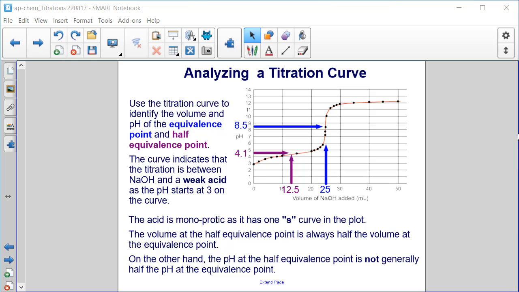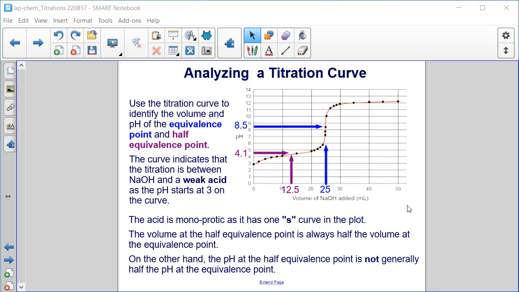The volume at the half equivalence point is always half the volume at the equivalence point. So here, if this is my equivalence point at a pH of 8.5, after a volume of 25 milliliters have been added, the half equivalence point then occurs after 12.5 milliliters is added, and at that point the pH is 4.1.